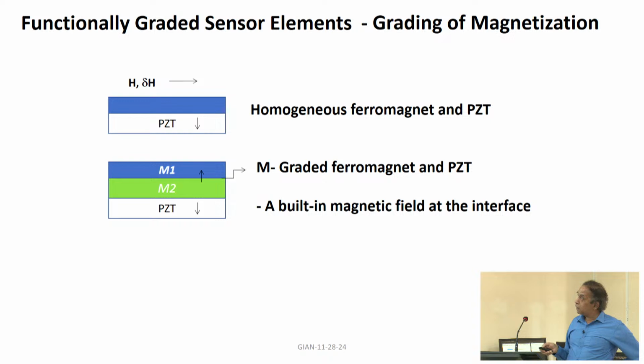What do you mean by grading? Instead of using a single, homogeneous ferromagnet, you can manipulate the ferromagnetic layer with the choice of two different ferromagnetic materials. How does it help? We know that when you have a ferromagnet, you go up in static magnetic field, then you come back to zero field, there is remnant magnetization, correct?